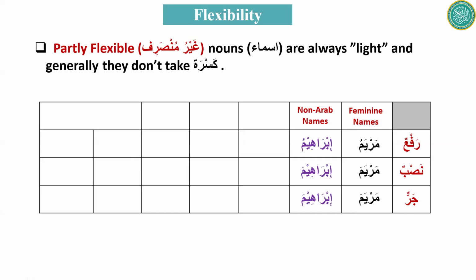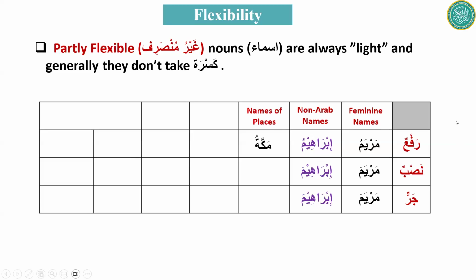But names like Ibrahim, Adam, Fir'aun are called non-Arab names, and they fall under the category of partly flexible.